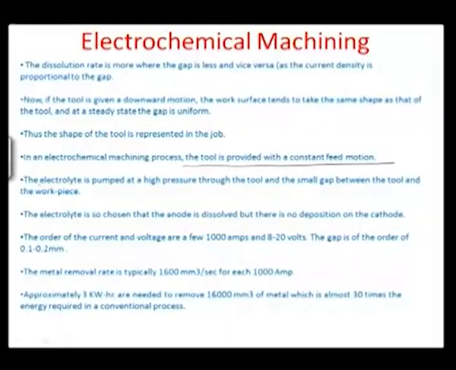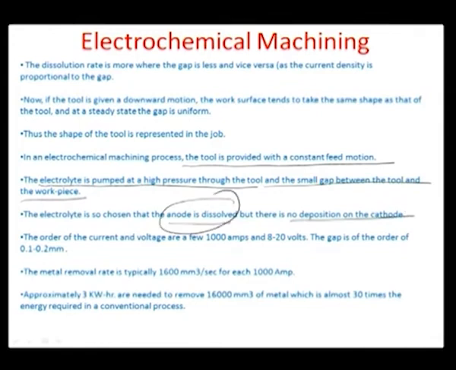So it is pumped at a high pressure through the tool and the small gap between the tool and the workpiece, and the electrolyte so chosen is such that the anode is dissolved, but there is no deposition on the cathode, meaning thereby that whatever properties the electrolyte has would let the anode iron out, but also precipitate the ions released.